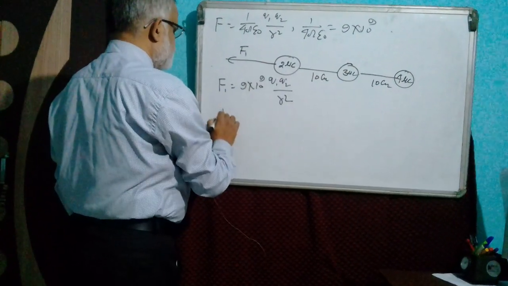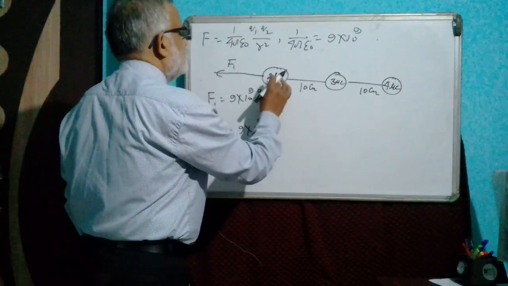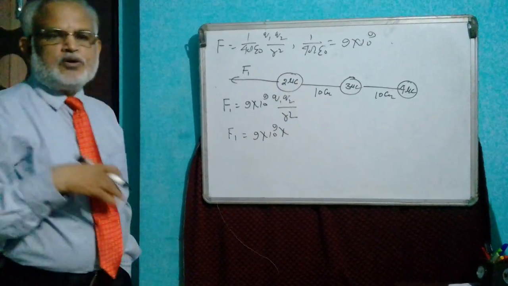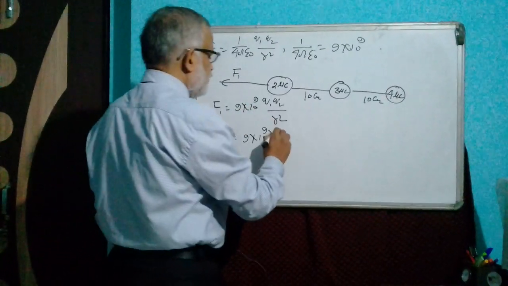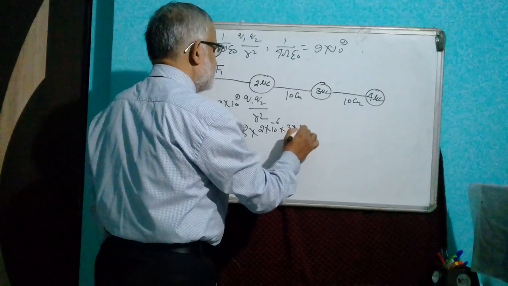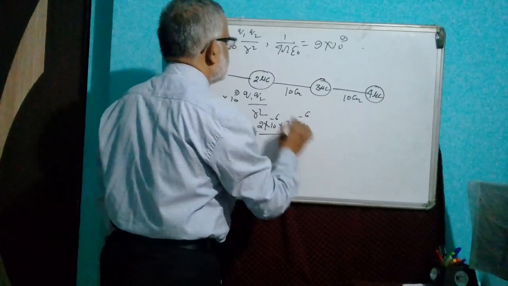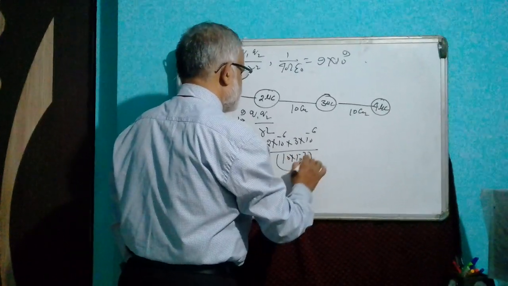Putting the values, 1 microcoulomb equals 10 power minus 6 coulomb, so F1 equals 9 into 10 power 9, 2 into 10 power minus 6, 3 into 10 power minus 6, upon 10 into 10 power minus 2 whole square.